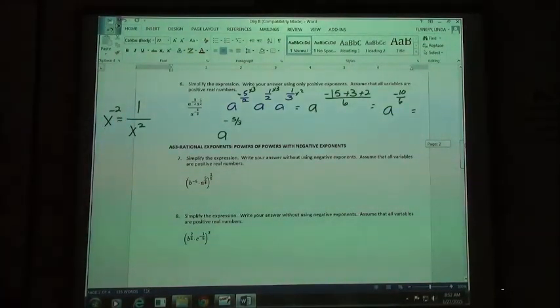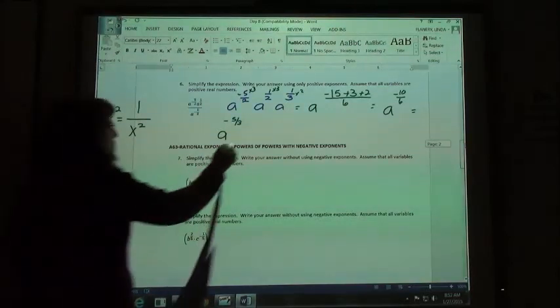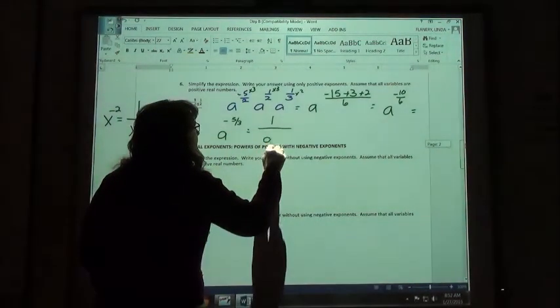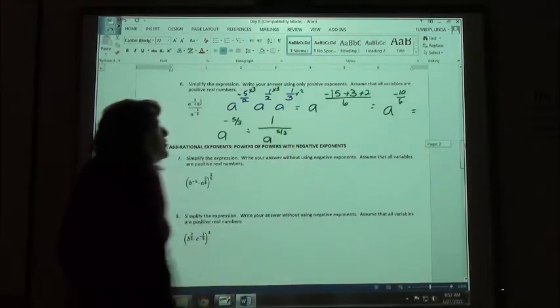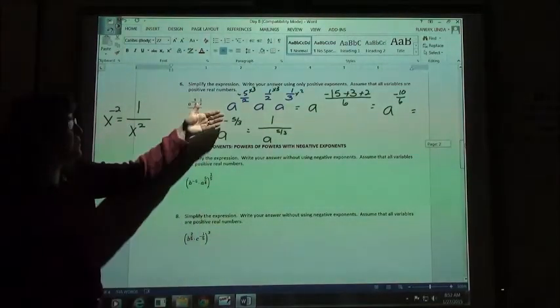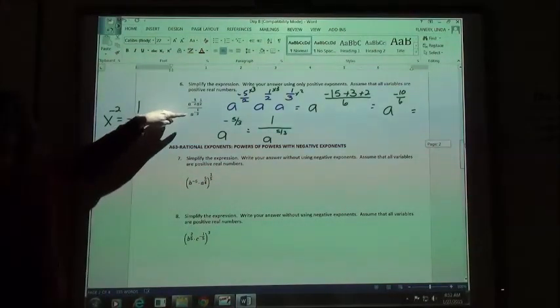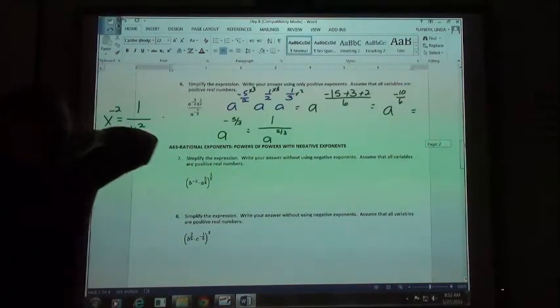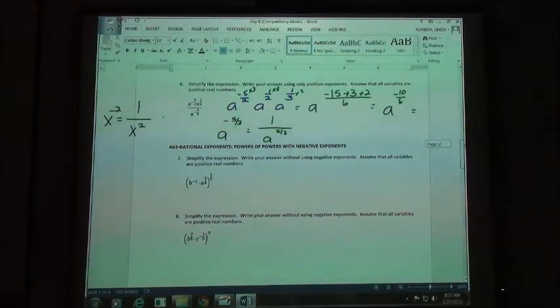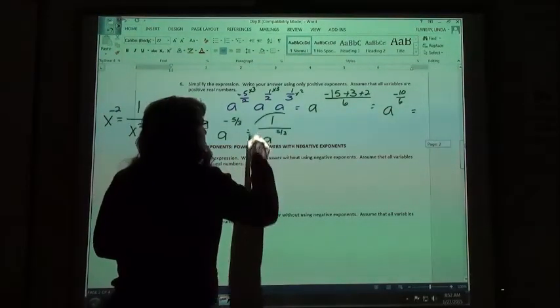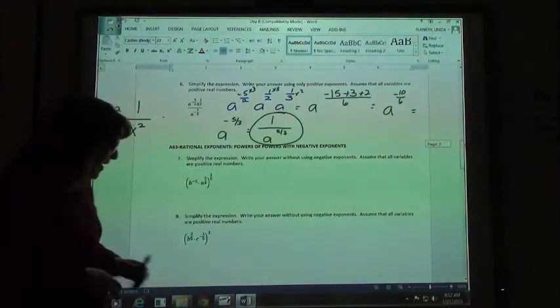So what do I have to do with the a to the negative 5/3? 1 over a to the positive 5/3, right? I'm taking it from the top, moving it to the bottom so the sign changes. Kind of like here, it was on the bottom, and when I moved it to the top, the sign changed. That's my answer, yep.